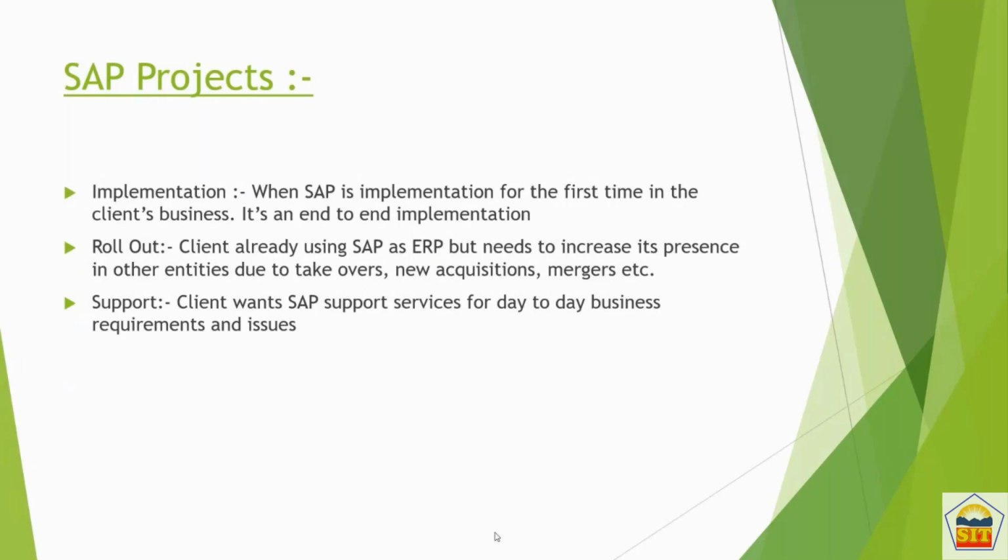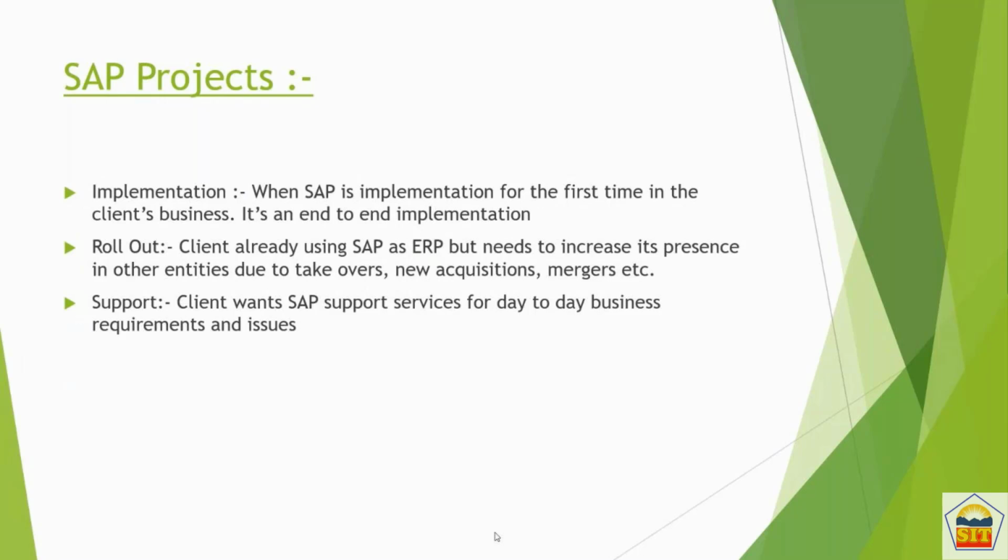Now, if the management has decided to go away from QuickBooks and use a new software called SAP, what kind of project is it? It is an implementation project, because we are going to replace it. SAP is going to be implemented for the first time in that company.